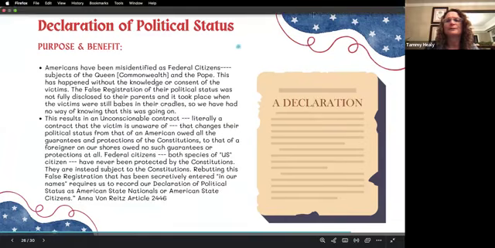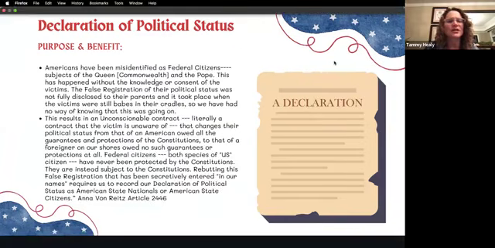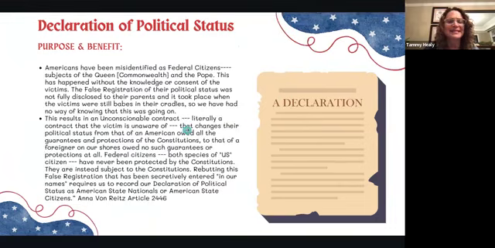All right, your declaration of political status, the purpose and benefit. Americans have been misidentified as federal citizens, subjects of the Queen, which is Commonwealth, and the Pope. This has happened without the knowledge or consent of the victims. The false registration of their political status was not fully disclosed to their parents, and it took place when the victims were still babies in their cradles.